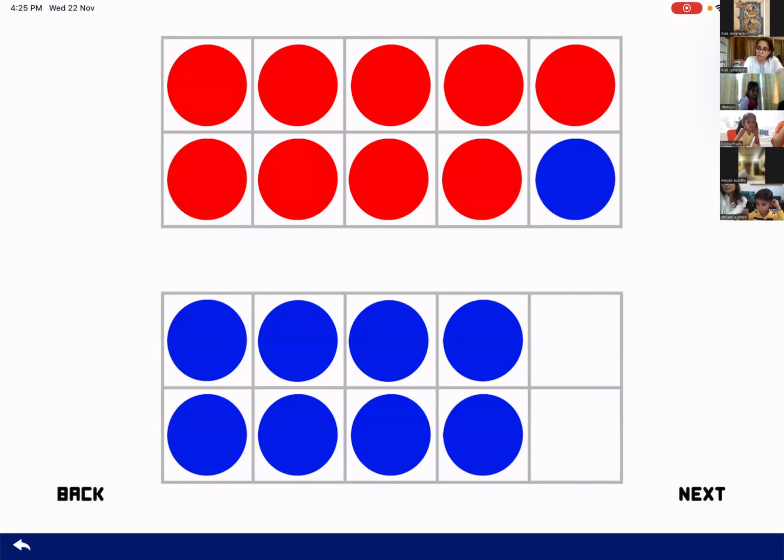But right now they are young, so I am not focusing on that. Very soon we will get into the phase where they will be taught how to write equations. If this is in a correct format, it should have been written as 10 reds and 9 blues. But right now we have 9 reds and 9 blues, which is 18.